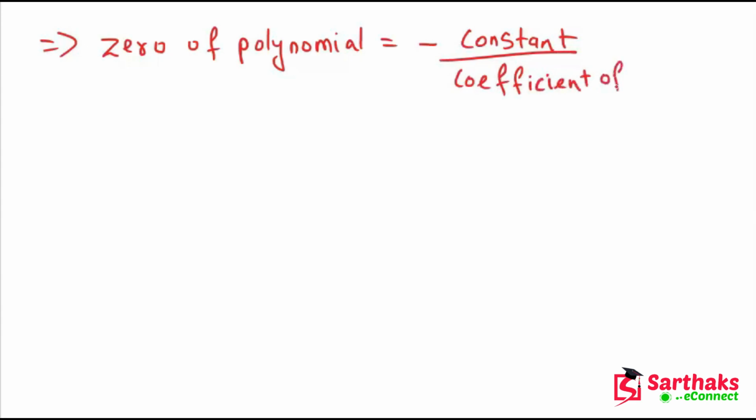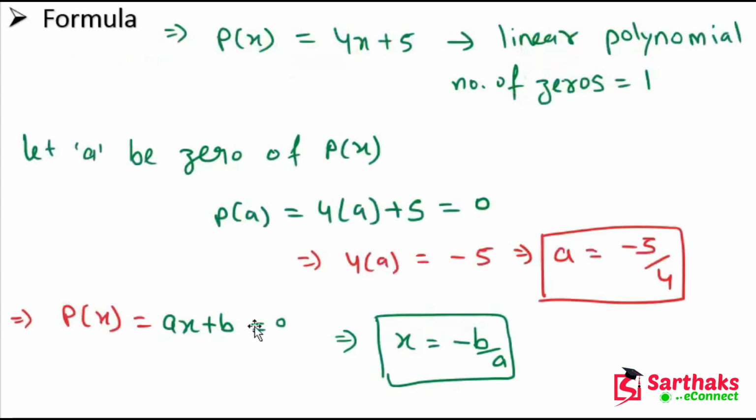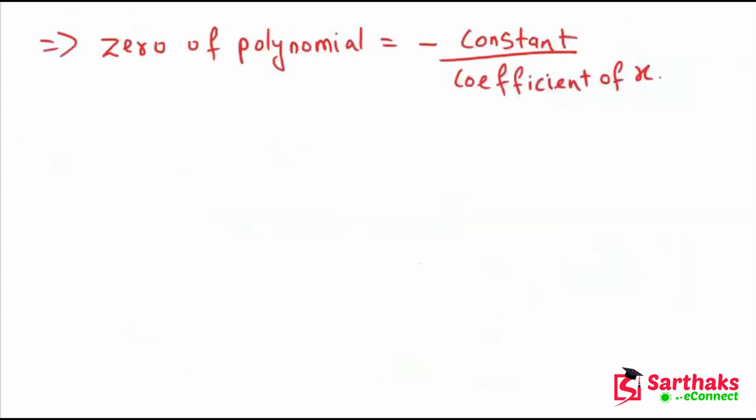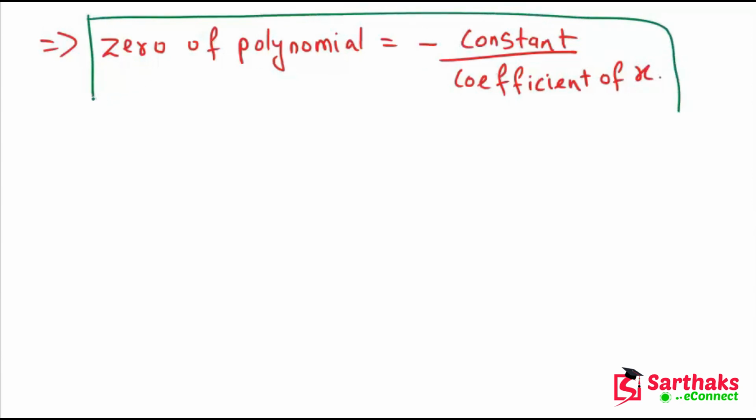Here b is the constant and a is the coefficient of x. So we can write the zero of the polynomial as minus the constant term upon the coefficient of x. This is the formula of the zero of a polynomial for, listen to me very carefully, a linear polynomial. I hope you understand how to find the zeros of the polynomial.